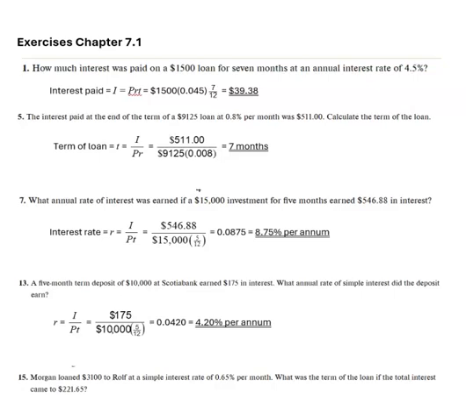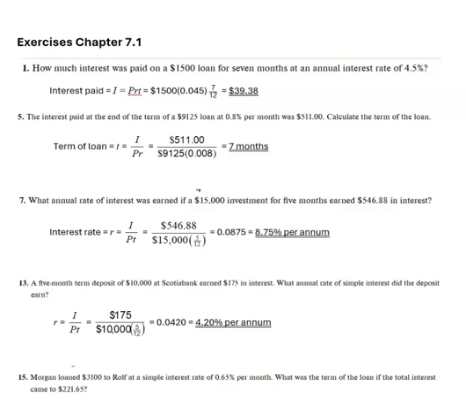Number 5. The interest paid at the end of the term of a $9,125 loan, so there's your principal, at a 0.8%, so that's less than 1% per month, was $511. Calculate the term of the loan. Okay, so the term of the loan would be T equals I divided by PR.